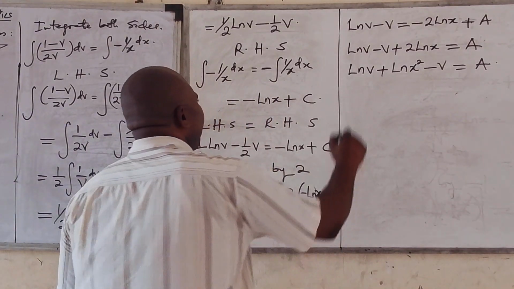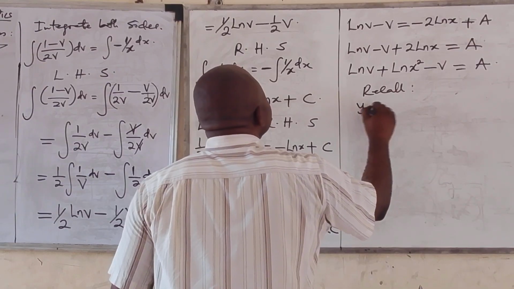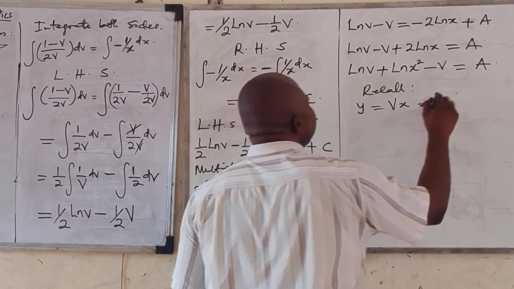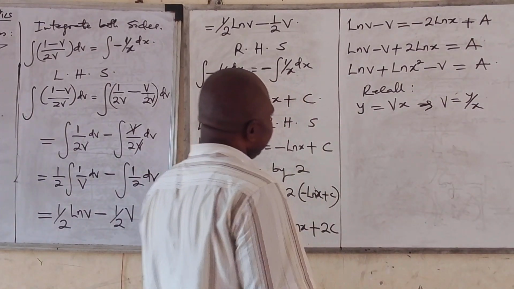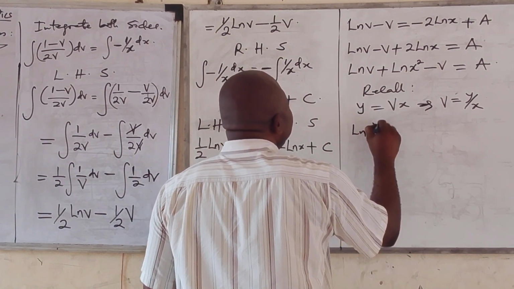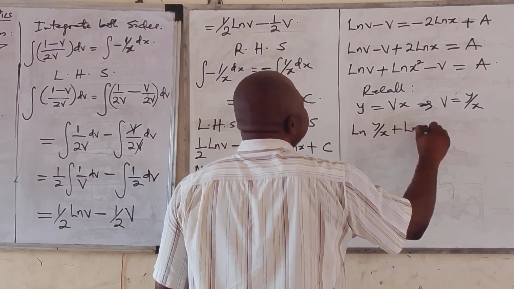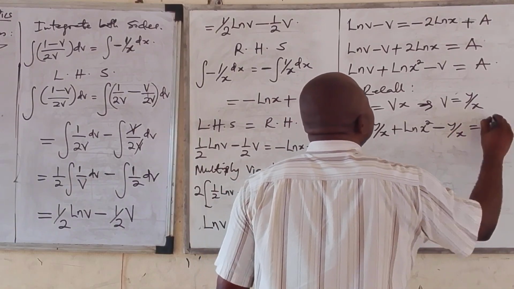Now let's recall that y is equal to vx, and if y is equal to vx, it means our v will be equal to y all over x. So it therefore means that here we have ln (y over x) plus ln x squared minus y all over x is equal to a.